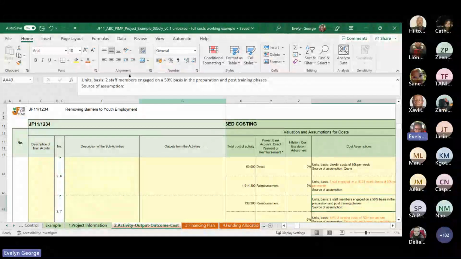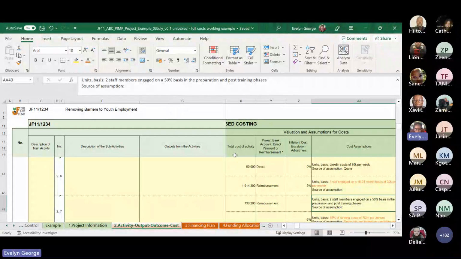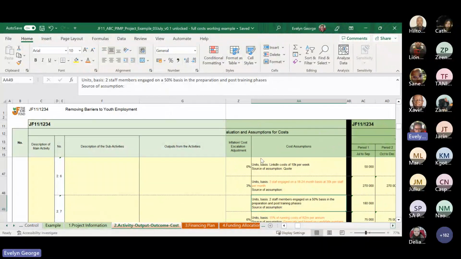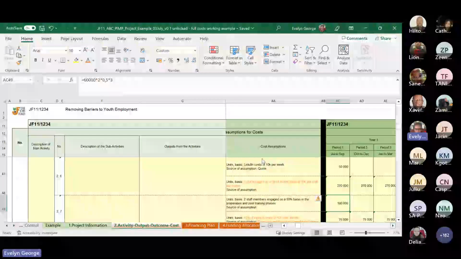So here we are saying it's those 2 staff members engaged on a 50% basis in the preparation phases and post-training phases. I have accounted for them pre-training.